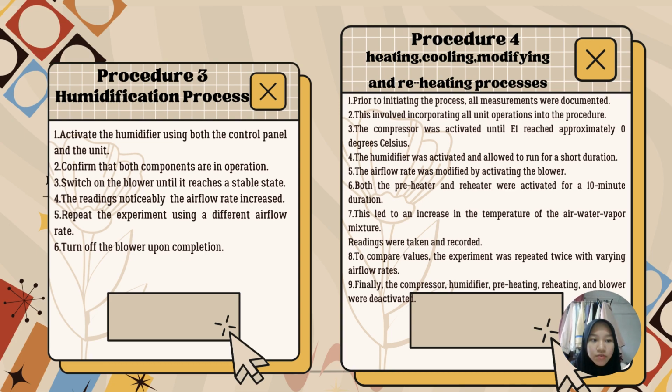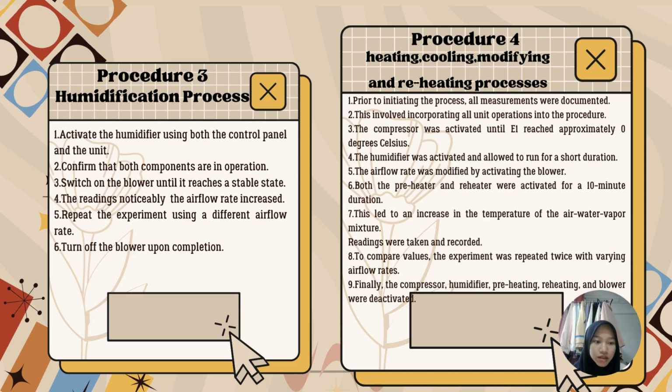The next one is the heating, cooling, humidifying, and reheating process. Prior to initiating the process, all measurements were documented. This involved incorporating all unit operations into the procedure. The procedure was run until E1 reached approximately 0 degrees Celsius. The humidifier was activated and allowed to run for a short duration. The air flow rate was modified by activating the blower.